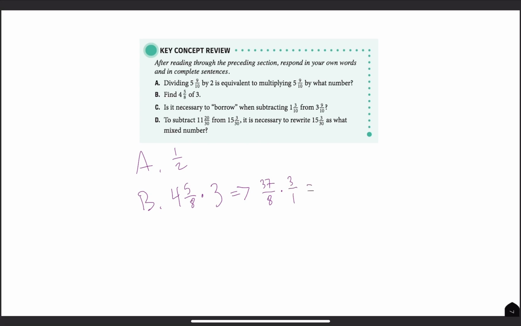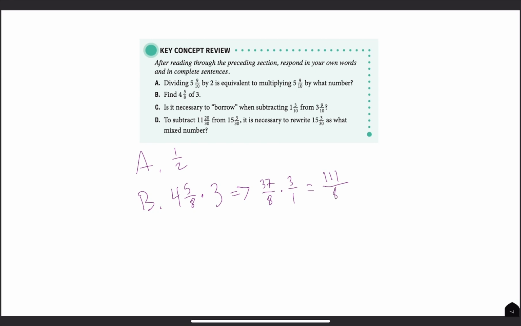Now I can multiply straight across, and I don't see anything on my diagonals to simplify, so I'm going to go straight across. 37 times 3: 30 times 3 is 90, and 7 times 3 is 21. So that's 111 over 8.